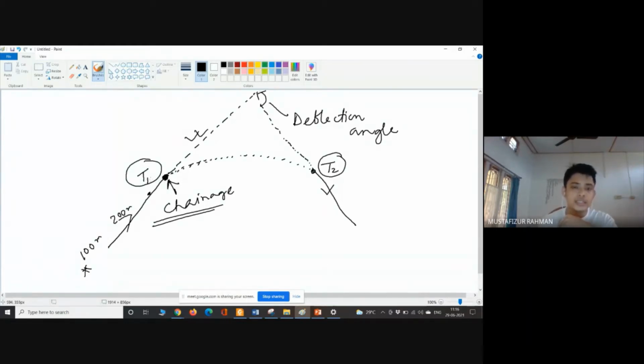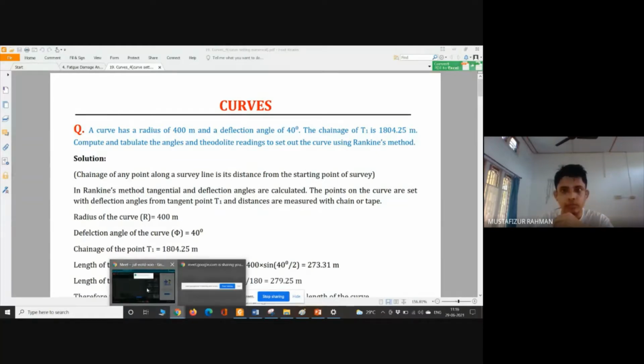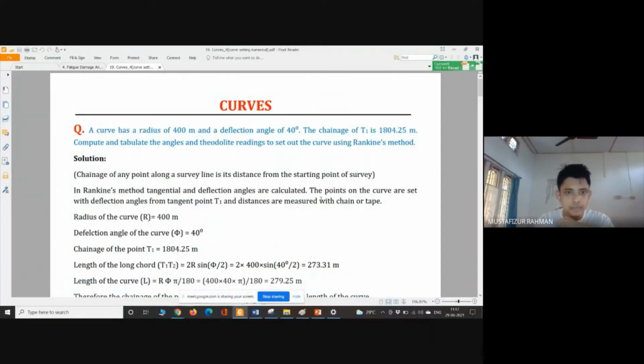That value is the distance from the beginning of the work. So that is our chainage. So if we go back here, what is the value that is given to us? Chainage is 1804.25 meter. So this data is given to us.